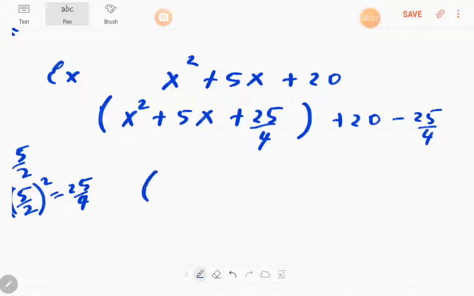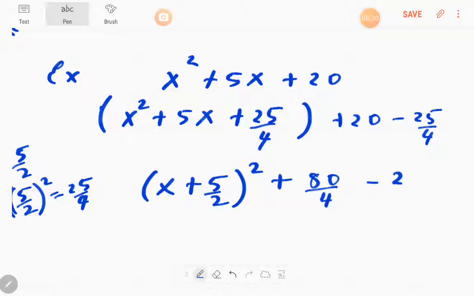So here now, this will be x, there's a plus sign, and then half of 5 is 5 over 2, squared. And then we want to do that subtraction. So this is plus 80 over 4 minus 25 over 4.